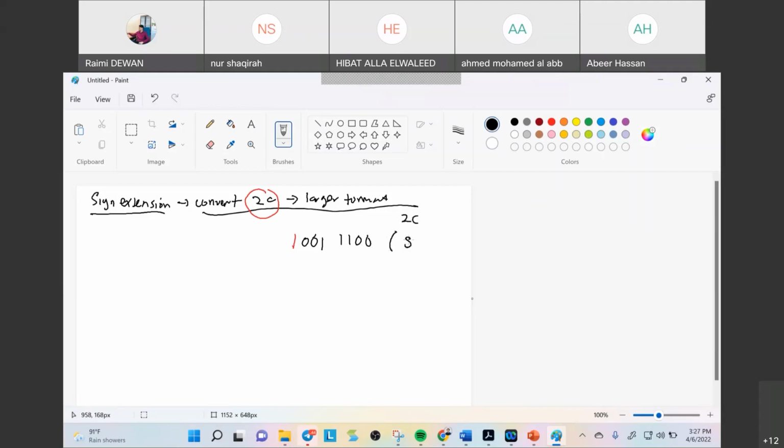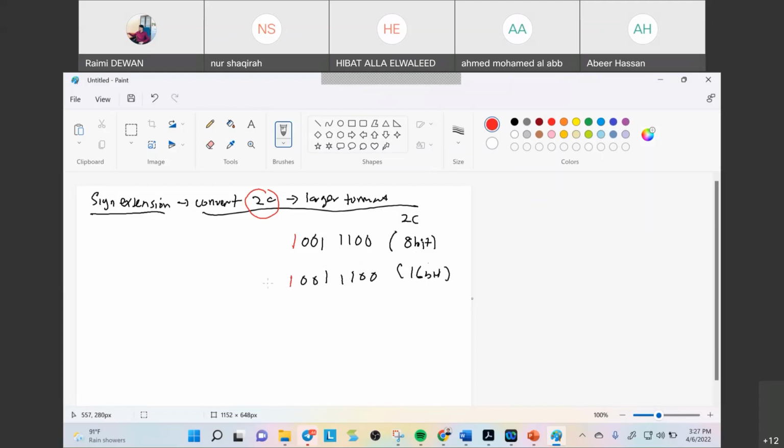This one is 8 bits. Now we want to make this number 16 bits. It is quite simple. You just extend the bits until 16.